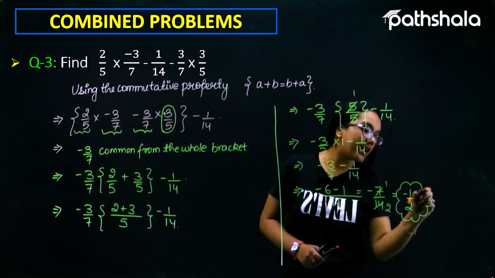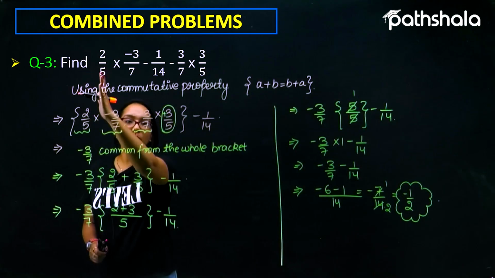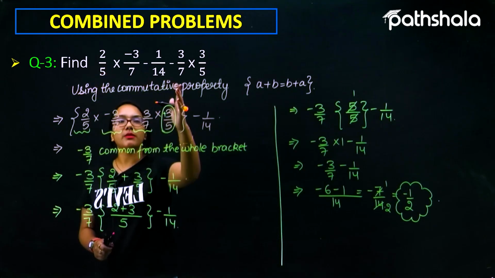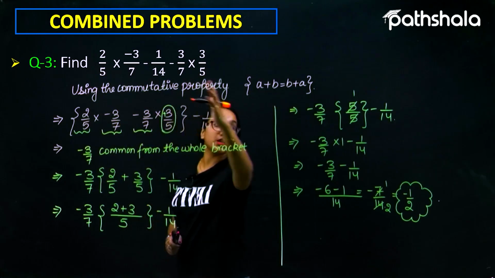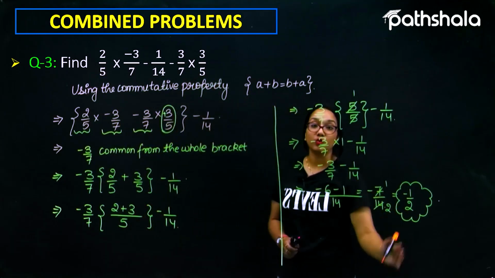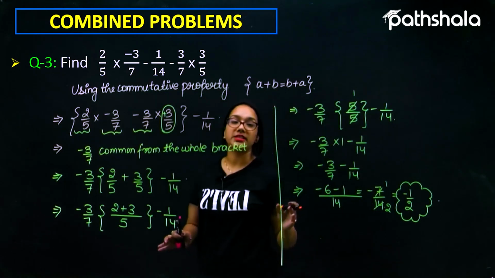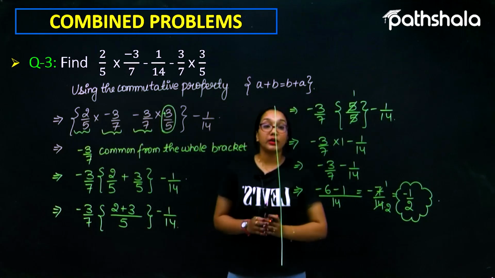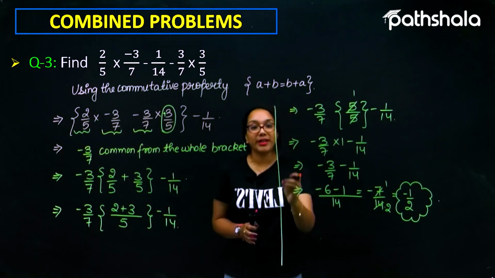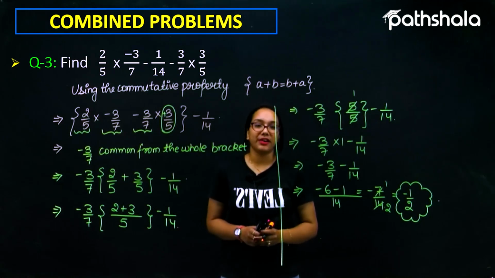So the value of 2 by 5 into minus 3 by 7 minus 1 by 14 minus 3 by 7 into 3 by 5 is minus 1 by 2, using the commutative property, that is a plus b is equal to b plus a. I hope this question is clear to you, using which methods I have solved it, and the answer is minus half.